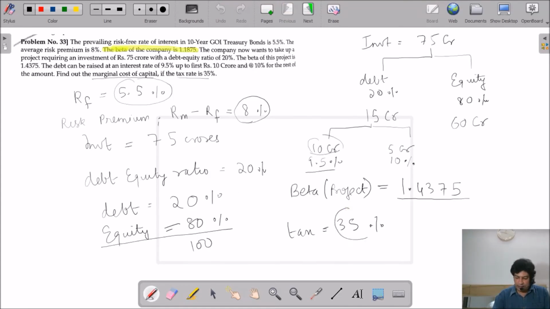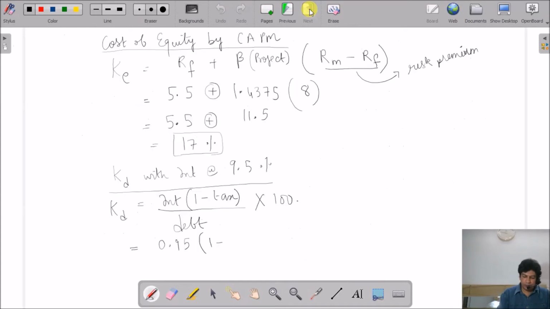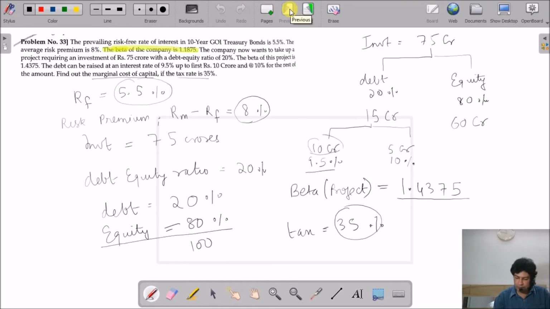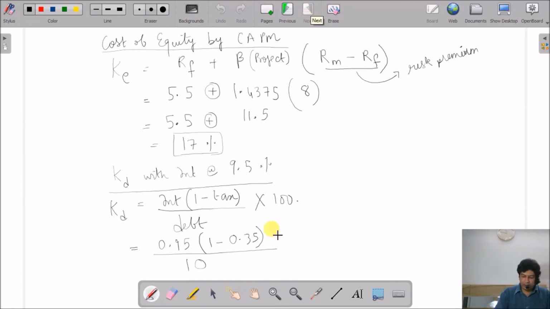The tax rate is 35%, so I will take it as 0.35, and the amount of loan which I have borrowed is 10 crores, and this I am going to multiply by 100.